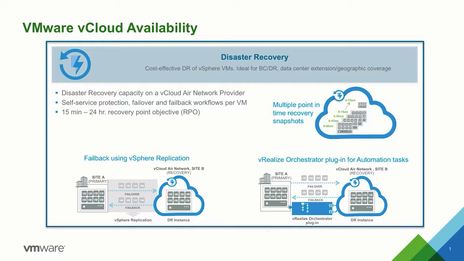Then when you've rebuilt the data center, you simply replicate those workloads back and fail them back over, and they run as if nothing had ever happened. You can also automate a lot of these failover tasks through the magic of orchestration. We provide vRealize Orchestrator plugins to build out-of-the-box solutions to manage your failover capabilities.